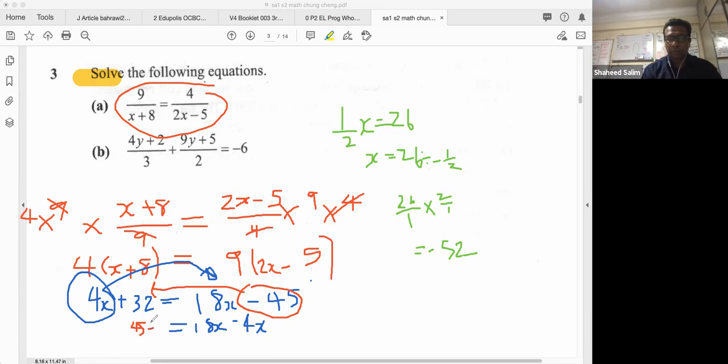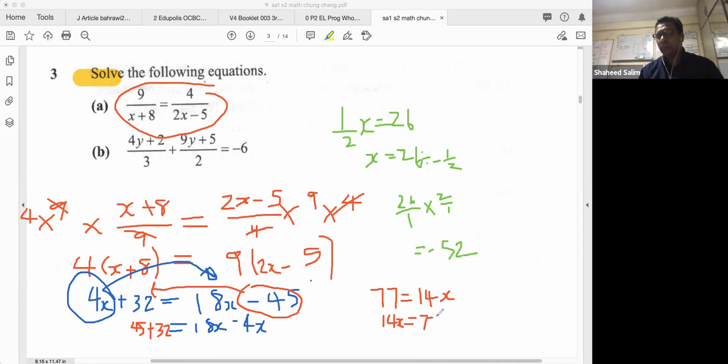Okay, so what do you get? Okay, we continue. Here, 77 equals to 14x. Now if you feel uncomfortable, switch it down here, 14x. You can switch it. Don't need to switch it in the beginning. Switch it when it's easy to switch.